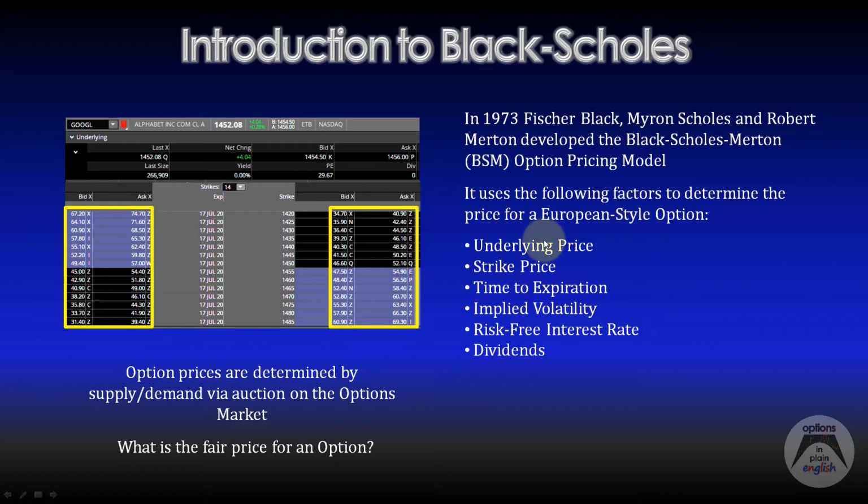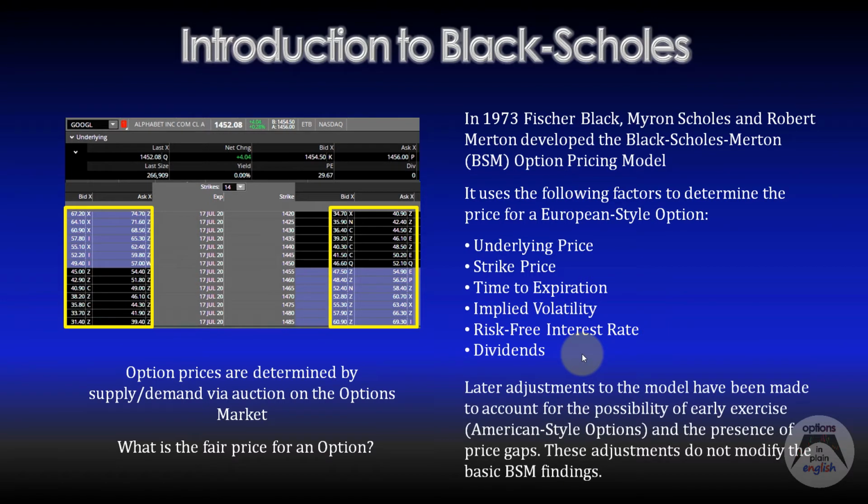It uses the underlying price, the strike price, time to expiration, implied volatility, risk-free interest rate, and dividends. Later adjustments to the model have been made to account for the possibility of early exercise for American-style options and the presence of price gaps.